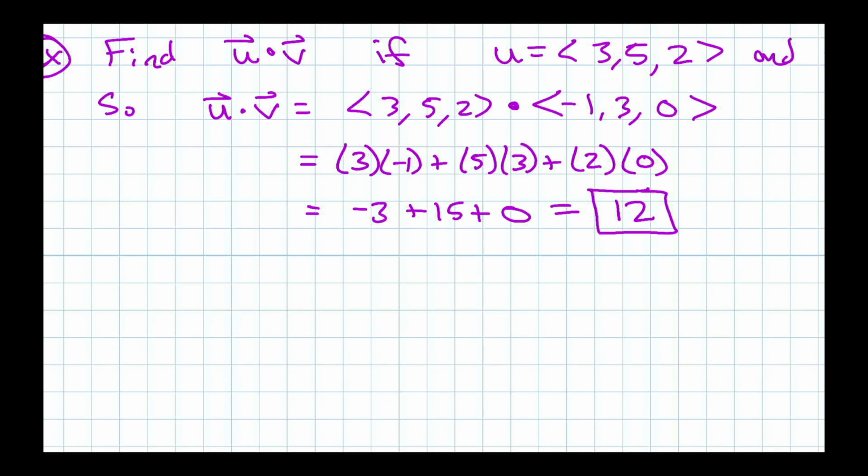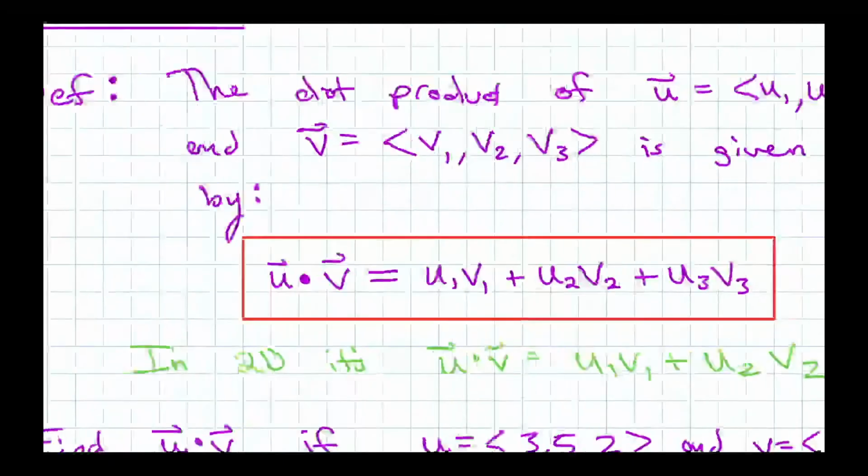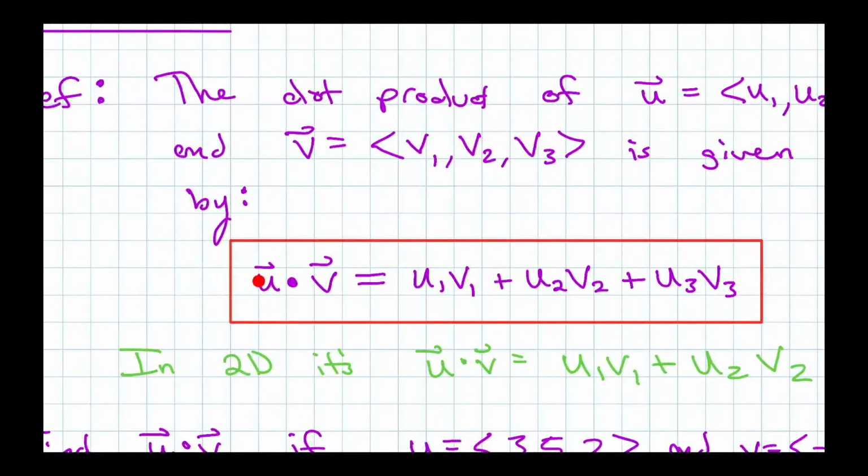Something you want to pick up on very quickly here is that your answer for a dot product is a single number. We didn't mention it up here, but this is a vector, this is a vector, this is a number.